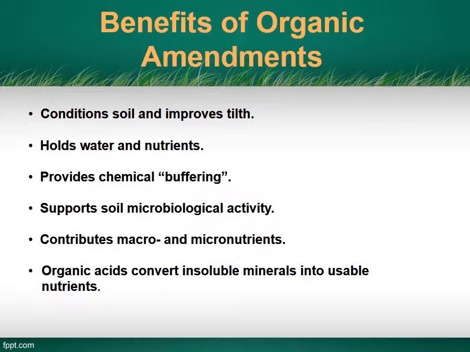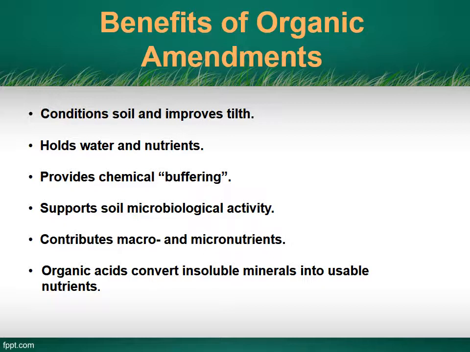Organic matter is great for microbes and microbiological activity. The bacteria and fungi in the soil actually eat the organic matter. They consume it, they use it for energy, then they help convert it and break it down even further into the nutrient ions that plants can actually take up and use.